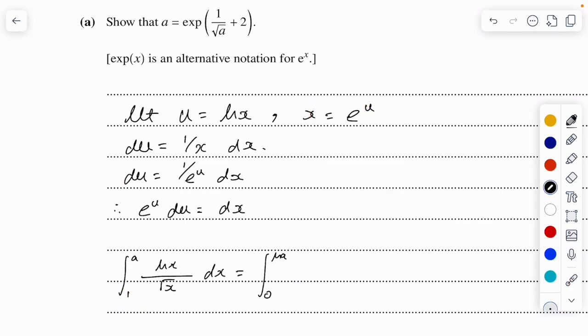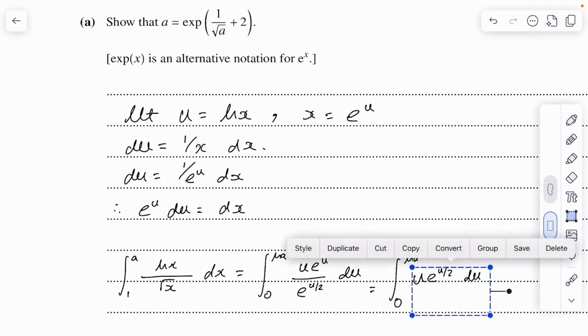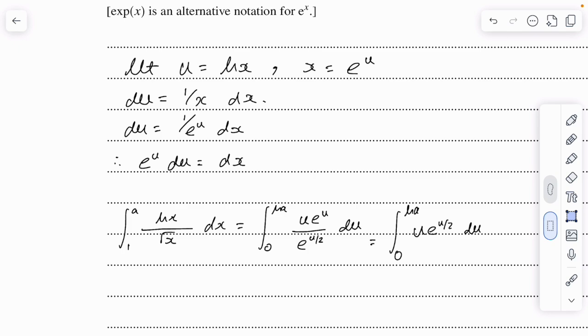That equals the integral of u e to the u over e to the u over 2 du, which is therefore going to equal the integral from 0 to ln a of u e to the u over 2 du. Perfect.